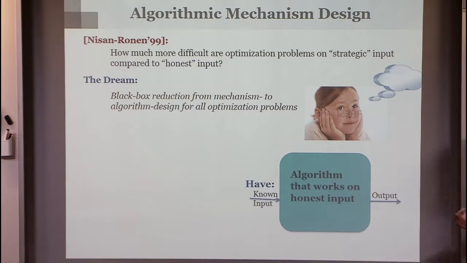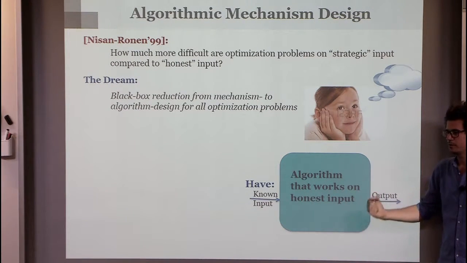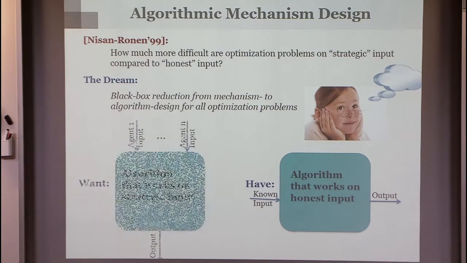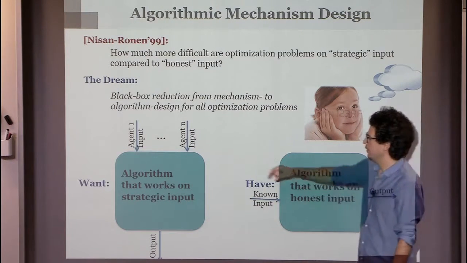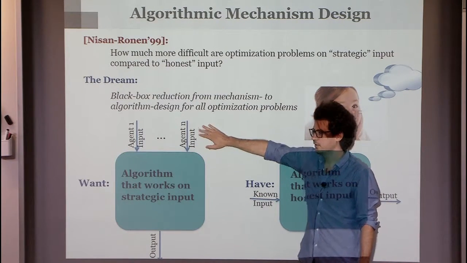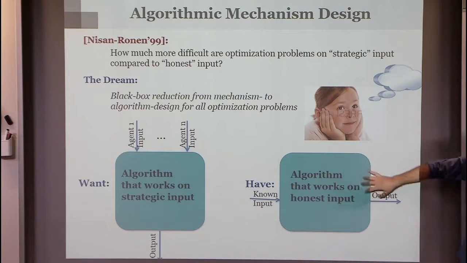So suppose we know an algorithm that works well on honest inputs. What we'd like to do is come up with this other algorithm that interacts with agents and can also query this algorithm to get information maybe about the problem.